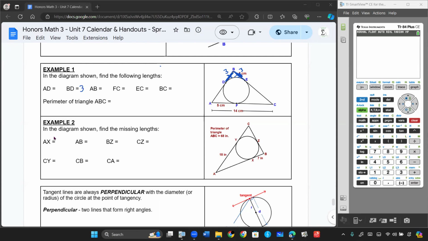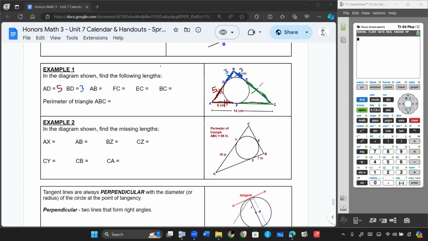Similarly, going down here to the bottom, this 5 is going to be the same length as AD. Those are equal to each other as well. So I'm going to put a 5 there. And now these two are going to be equal to each other. I just don't know them yet. Okay, so let me color code them green. We're going to figure them out, and we have a side that we can figure that out with.